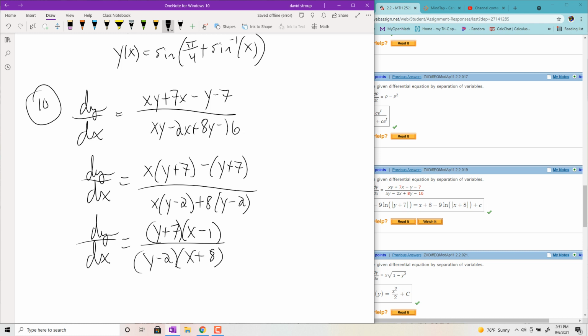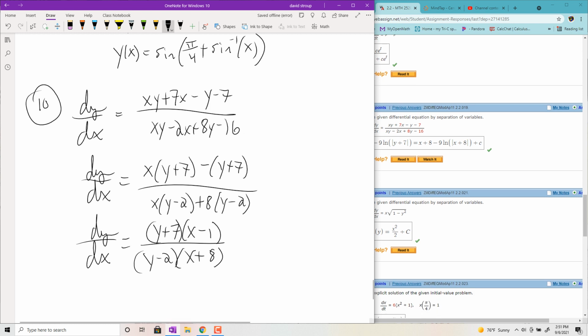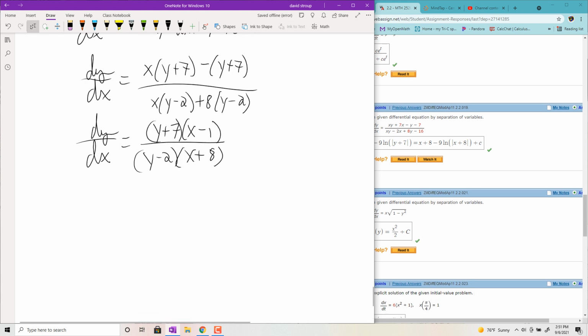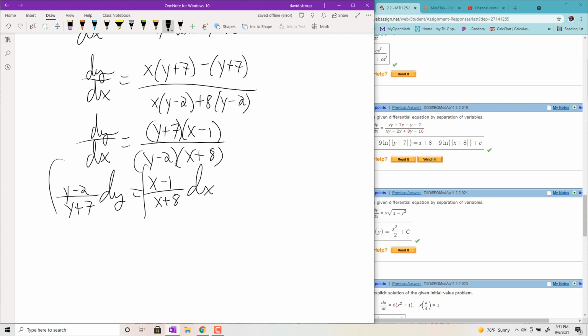And then you could separate. So on the y side, you'll have y minus 2 over y plus 7 dy. On the x side, x minus 1 over x plus 8 dx. And then you can integrate. Trick you can do is let u equal y plus 7. And then du is just dy.